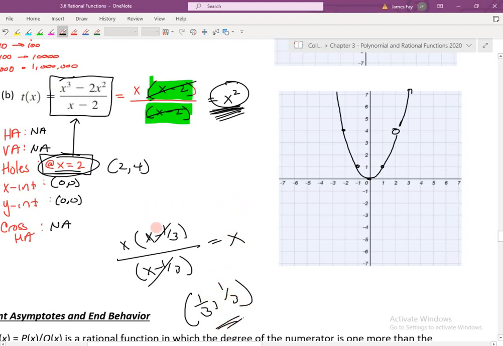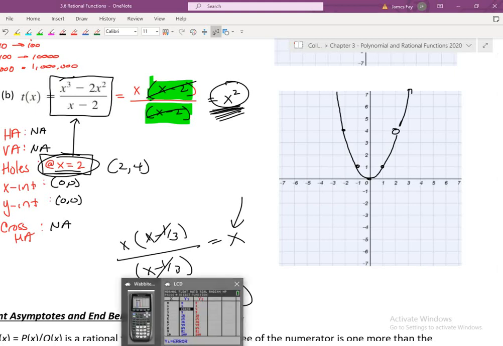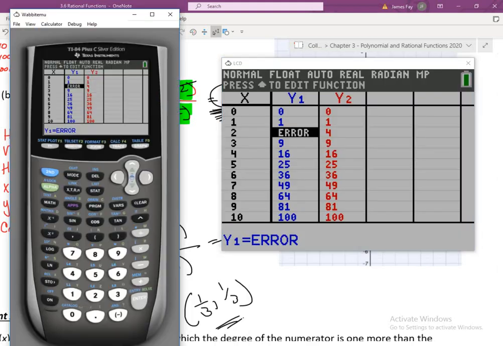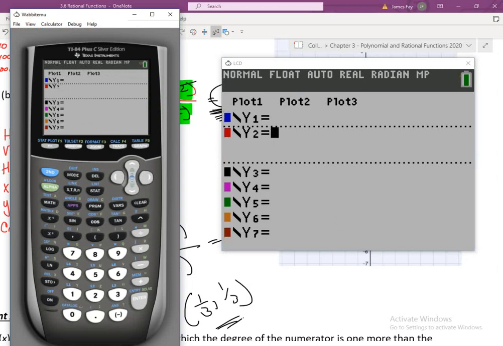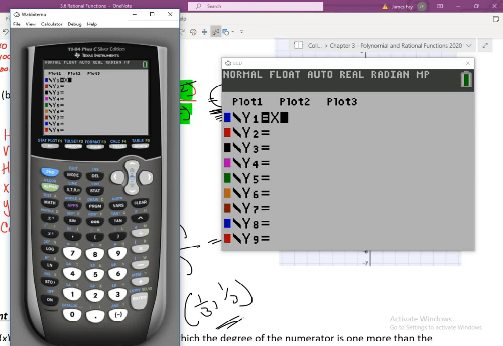So the graph of x times x minus a third over x minus a third is just the line y equals x, but it has a hole at 1/3, comma 1/3. Let's see if that is confirmed. So x times x minus a third.